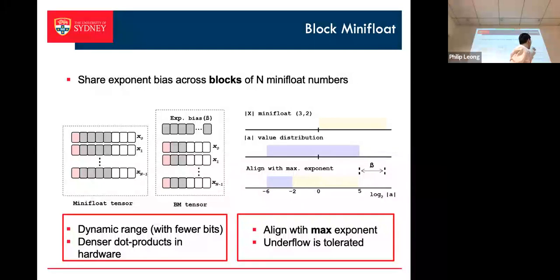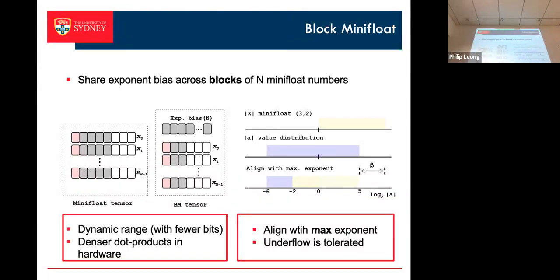And the problem is that the tensor that you want to represent could be even wider than the range of the Minifloat format. So that leads to the problem: how do I align this block Minifloat? I've only got this much range of the Minifloats, and I want to put it somewhere in here.